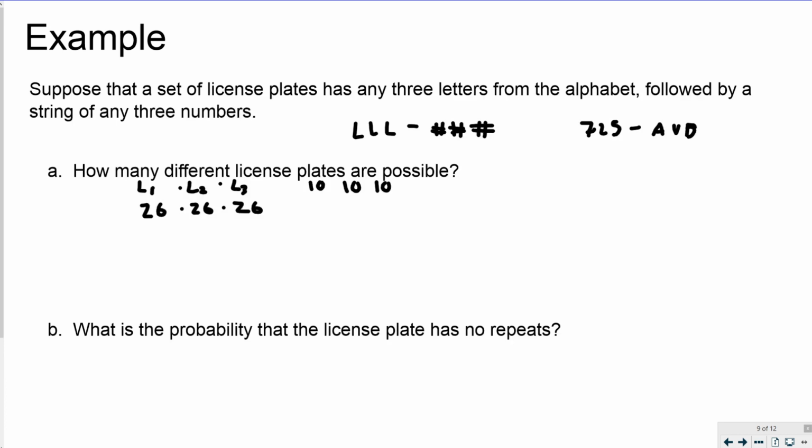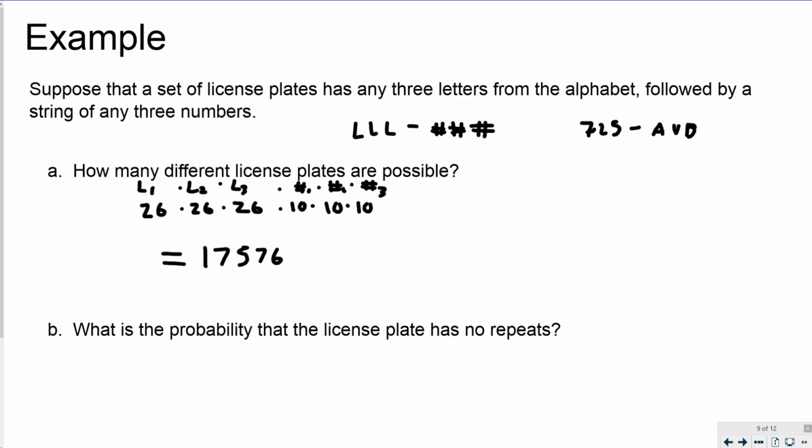So we're going to go ahead and move those down here, actually. And you're going to multiply those because you're going to choose a number: the first number pick, the second number pick, and the third number pick. So you go ahead and multiply all of those out, okay? And you would get 26 times 26 times 26 is 17,576.